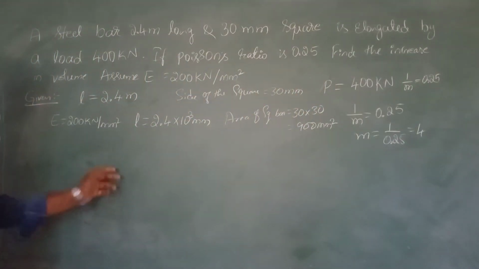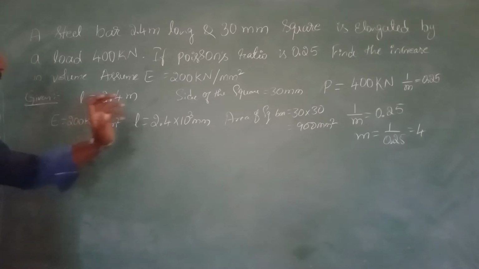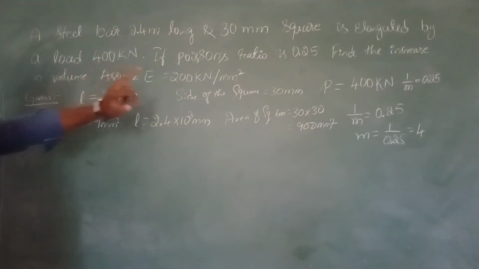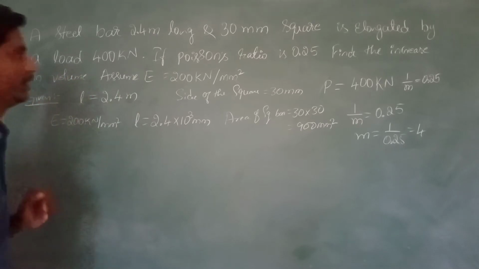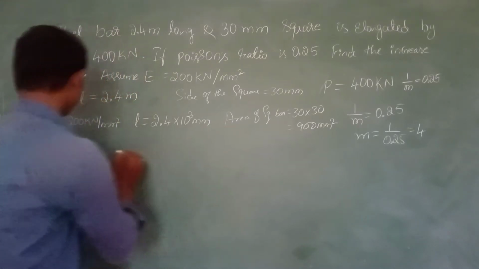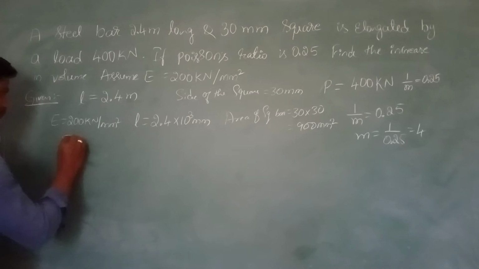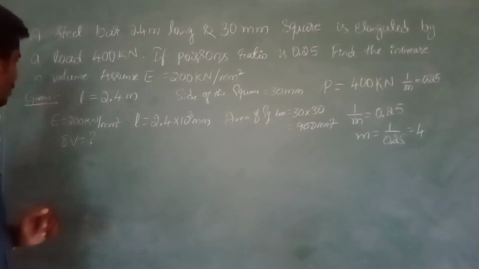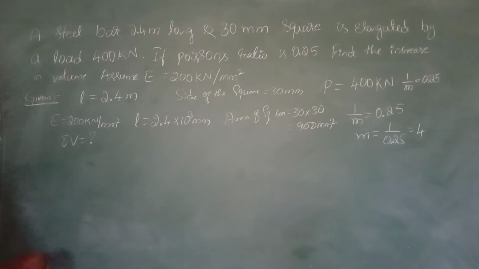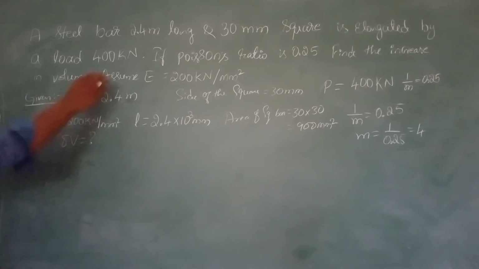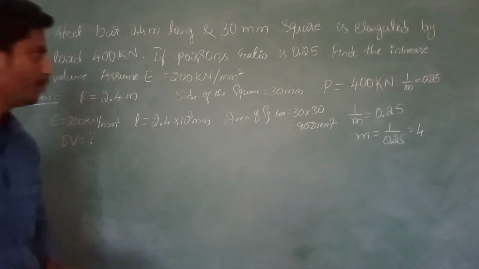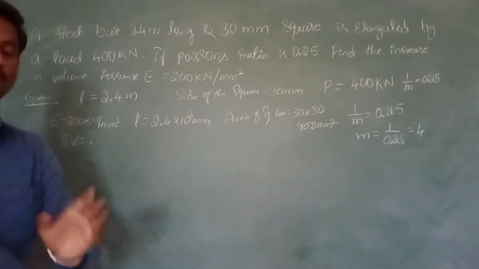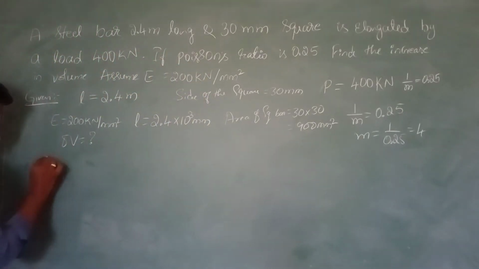Here we need to find out the increase in volume. Increase in volume means change in volume, so delta V is what we need. Here we don't know the original volume of the square bar, so first we need to find out the original volume.